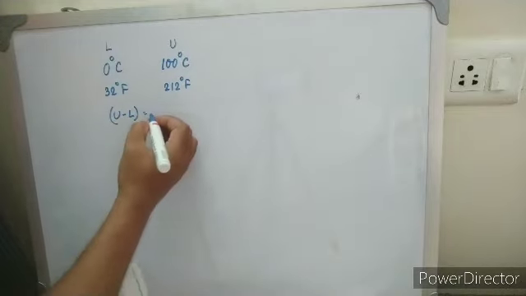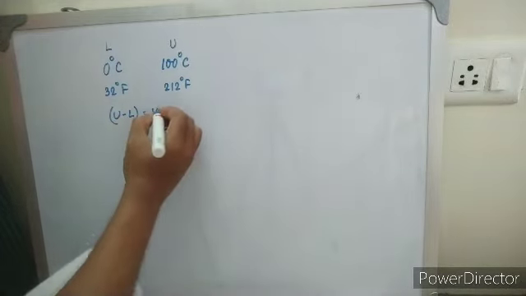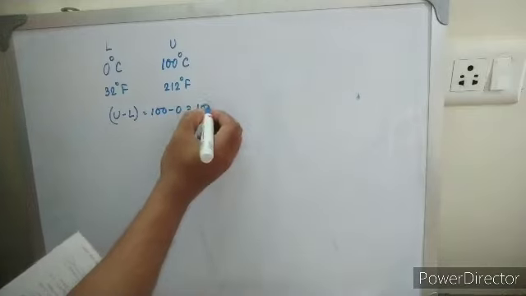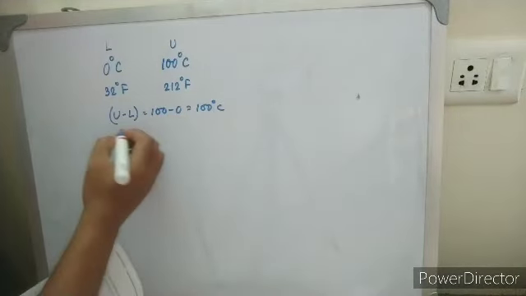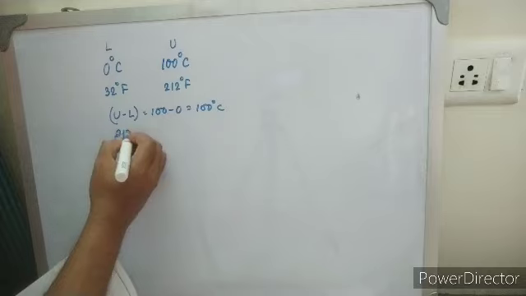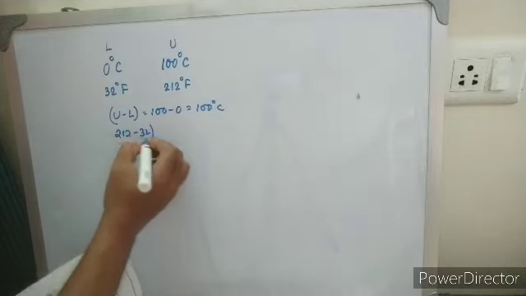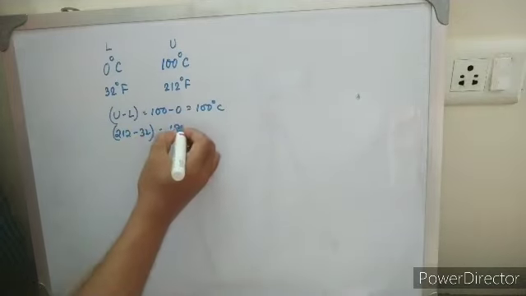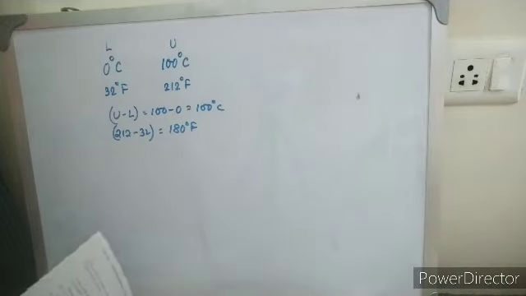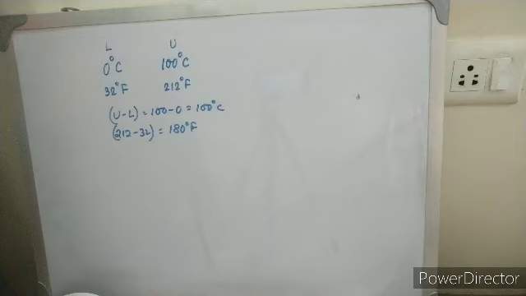In case of centigrade scale, it is 100 minus 0 equals 100 degree centigrade, and in case of Fahrenheit thermometer, 212 minus 32, that is 180 degree Fahrenheit. So it is very clear that the fundamental difference of centigrade scale is 100 degree centigrade, and in Fahrenheit scale it is 180 degree Fahrenheit.